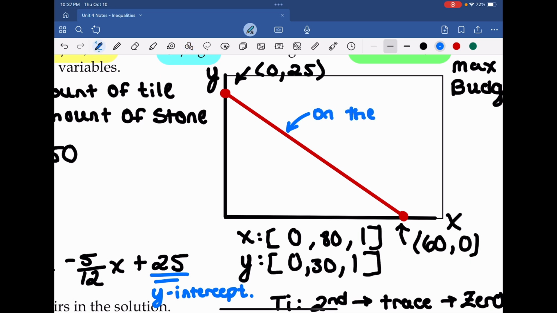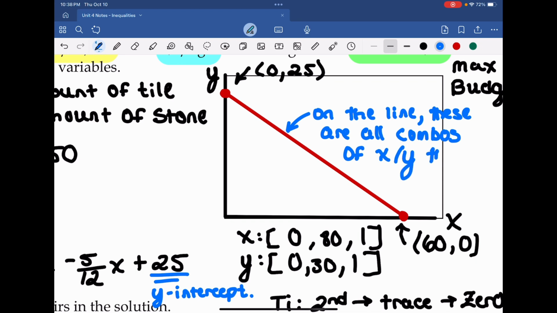On the line, these are all combos of x and y that equal the $150. So that's a really nice principle about this. The boundary line is exactly the maximum, and all the x and y's that you would type in that exist on this line would equal, when you plug them into the inequality, the 150.